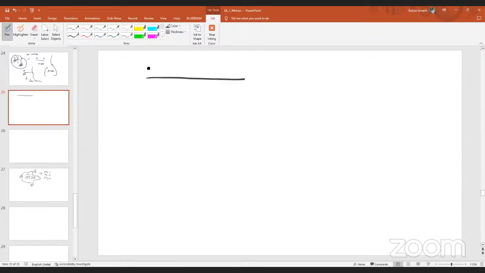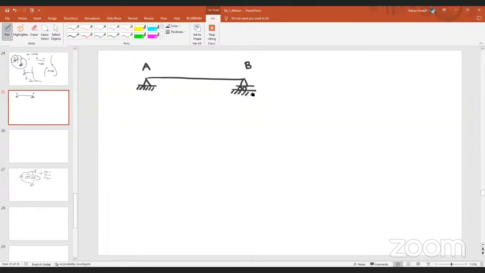Let us say there is a beam AB. For the beam AB, at A, I have placed a hinge support. At B, I have placed a roller support.